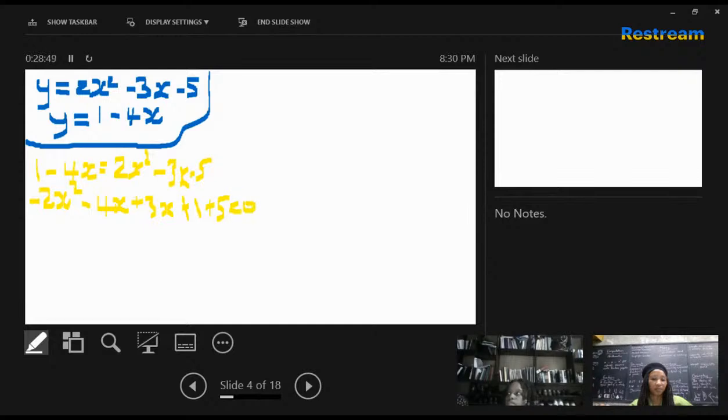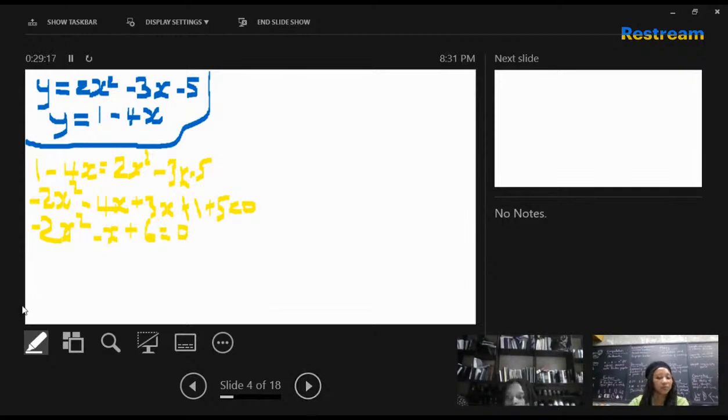Yes, all right. So simplifying, between the like terms: negative 2x squared, negative 4x plus 3x is going to give us negative x, and 1 plus 5 is 6. So plus 6 equals 0.